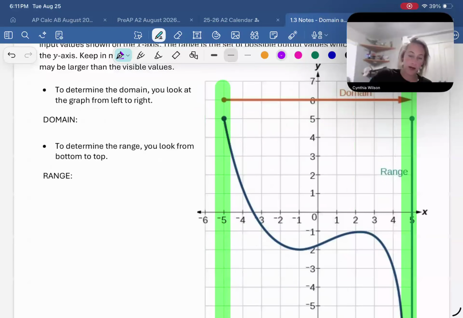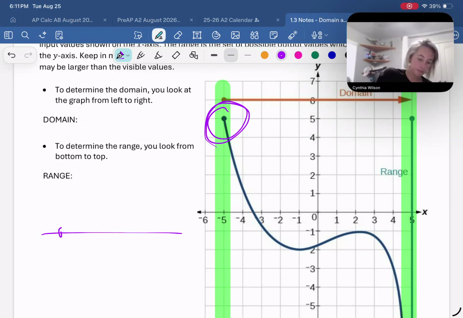When I look at the very left side of this graph, I'm going to consider a number line. On the very left, I see a closed dot. I'm going to look down on the x-axis, and that closed dot is at -5. So I'm going to label my closed dot over here as -5.